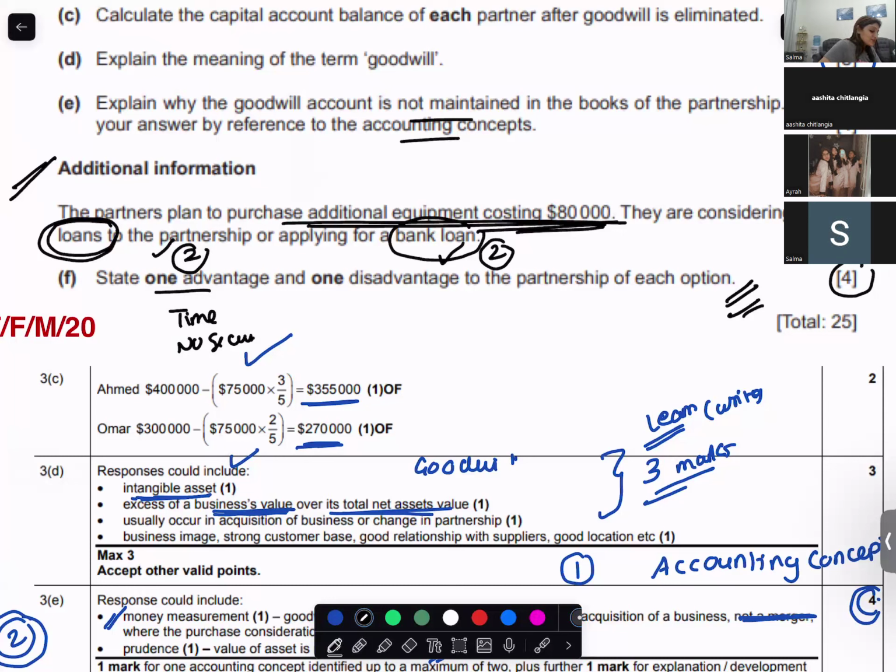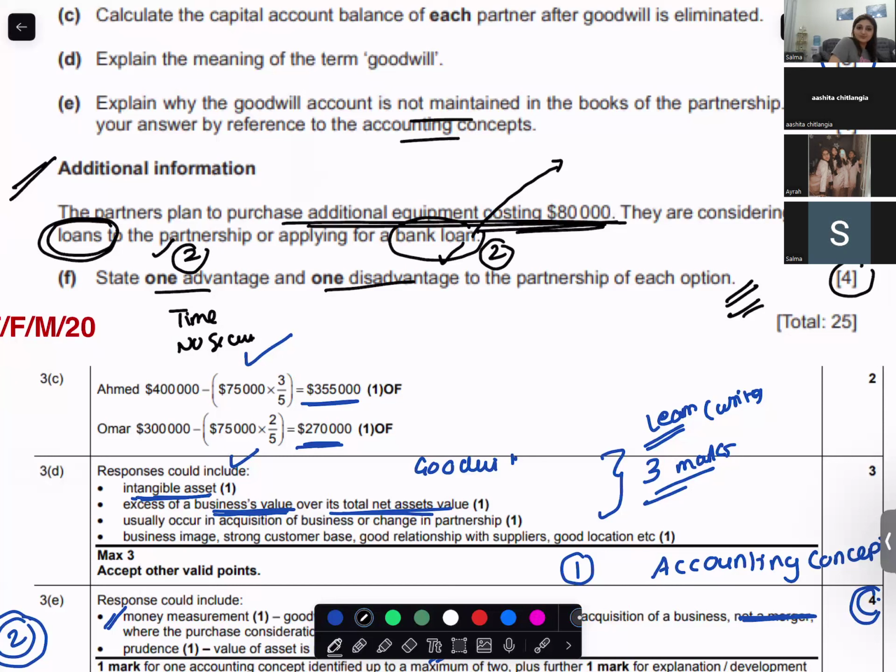One disadvantage of taking a loan from partners is that partners may not have enough funds. Okay. So to buy additional equipment costing 80,000, what are the advantages of applying for a bank loan?